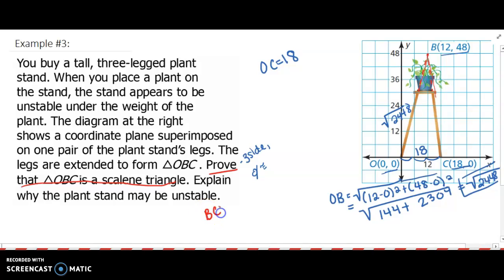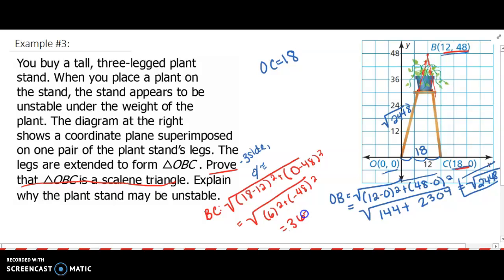Alright, now to find BC, we do the same thing, but this time we'd be using 12, 48, and 18, 0. So it'd be 18 minus 12 squared plus 0 minus 48 squared, which gives me 6 squared plus negative 48 squared, which is 36 plus 2304, square root that, which is then equal to square root of 2340.